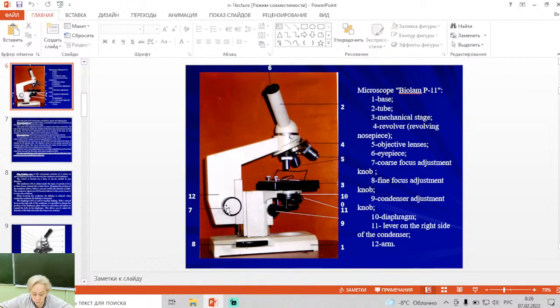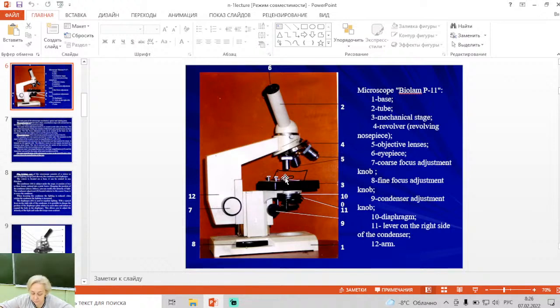Using the coarse focus adjustment knob, lift the lens above the stage to a height of approximately 0.5 centimeter, so it's only 5 millimeters. Remember that the study of any object starts with a small magnification, only small magnification times 8.